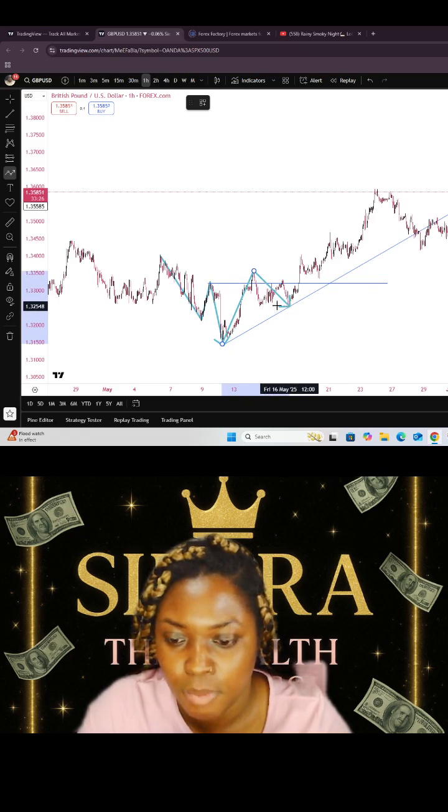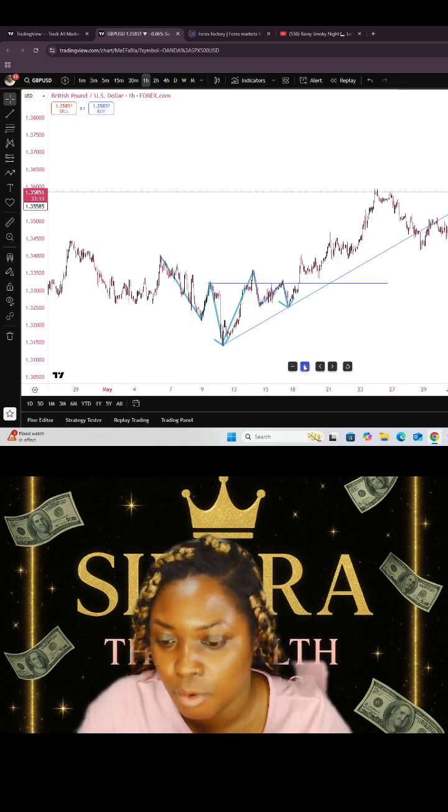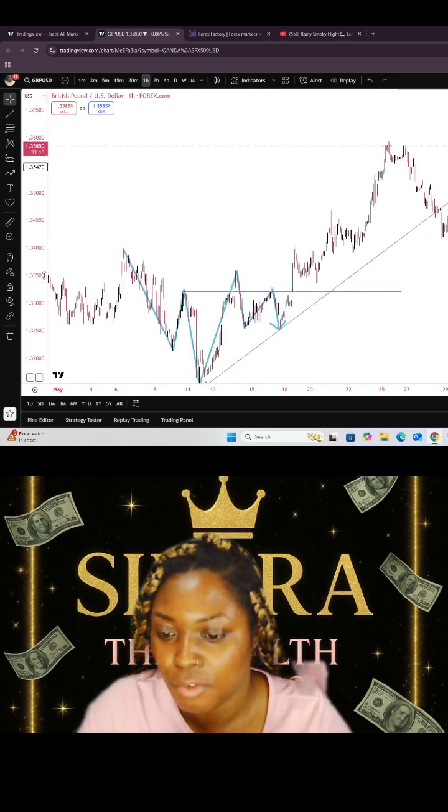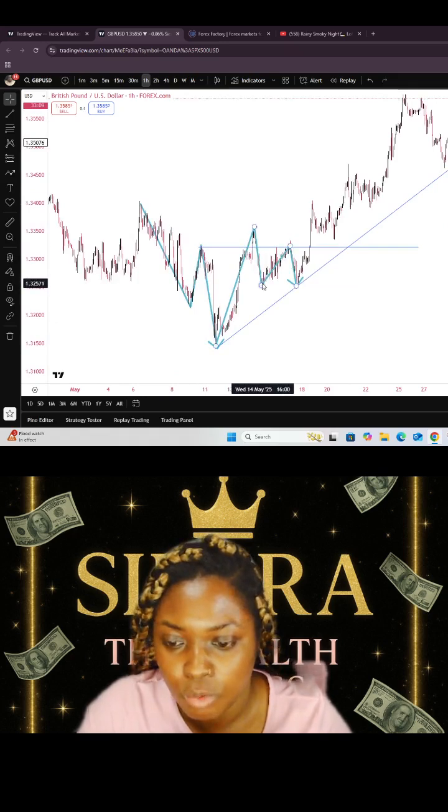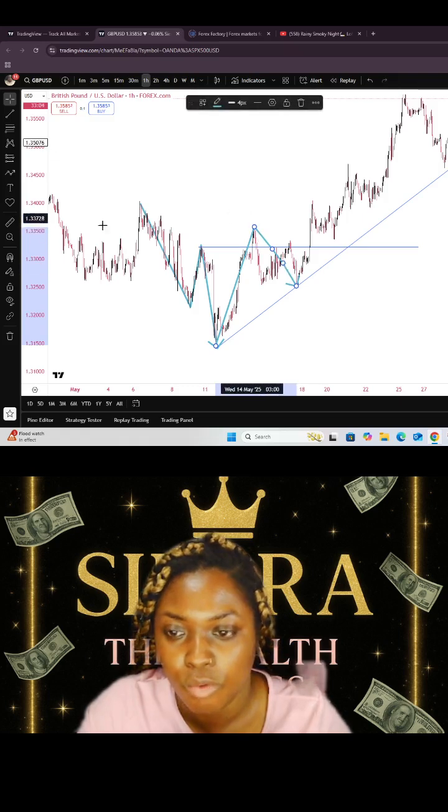This is the full pullback, okay? Because this area came lower than this area. Sometimes, well, a lot of times, right? Price won't finish with the correction, and this is how people get faked out because the correction never finished, okay? So this is one whole move, okay?